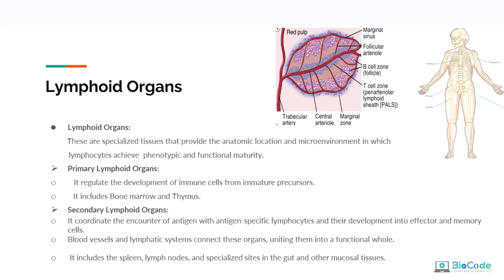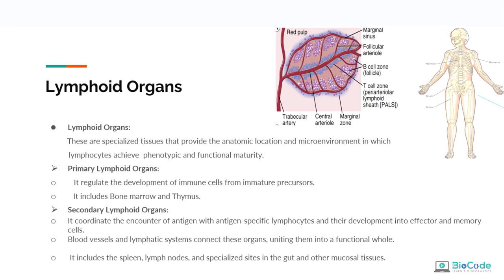We have two types of lymphoid organs, but first we will learn the definition of lymphoid organs. What are lymphoid organs? These are specialized tissues that provide the anatomic location and microenvironment in which lymphocytes achieve phenotypic and functional maturity.